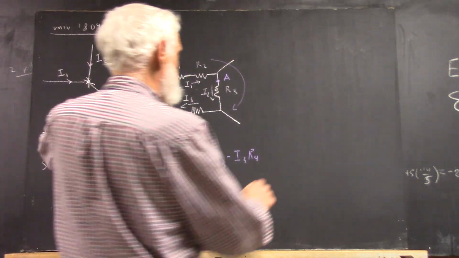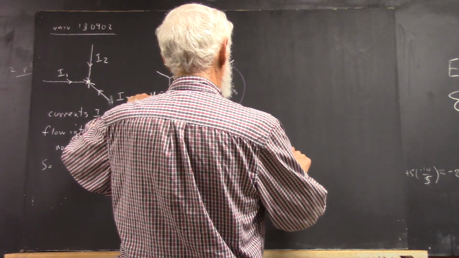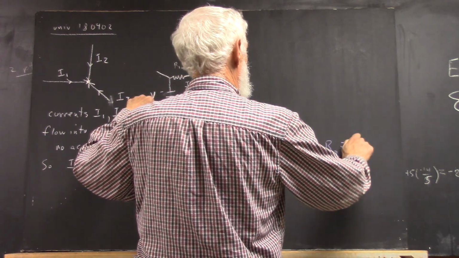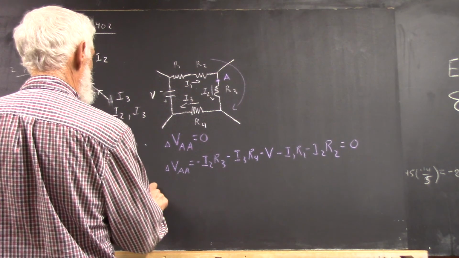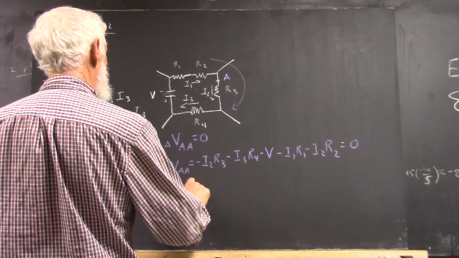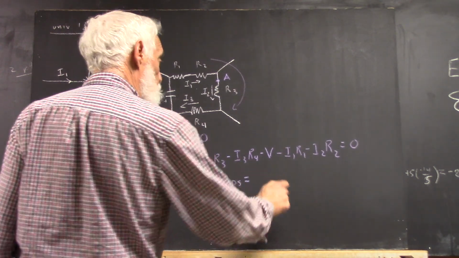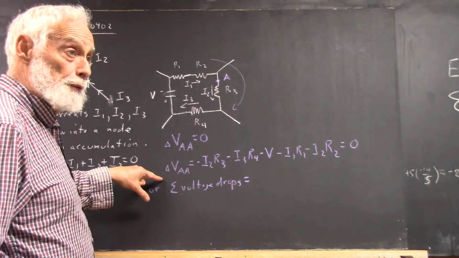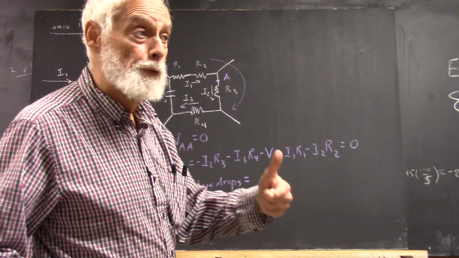By magnitude V. Or the sum of the voltage drops is going to be opposite to the voltage changes. In other words, a negative change in voltage is a voltage drop, and we usually think in terms of voltage drop.